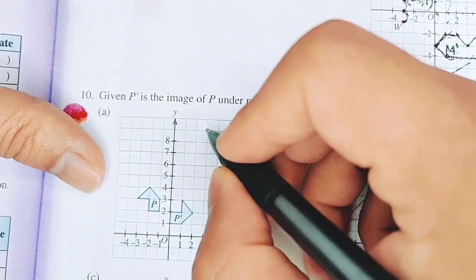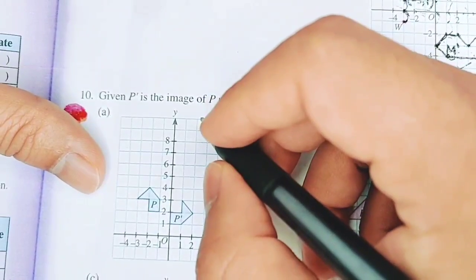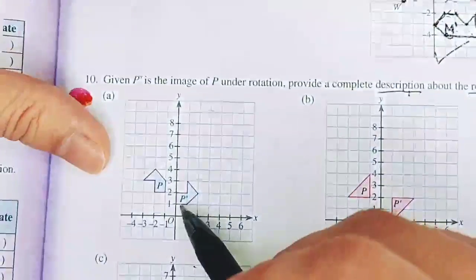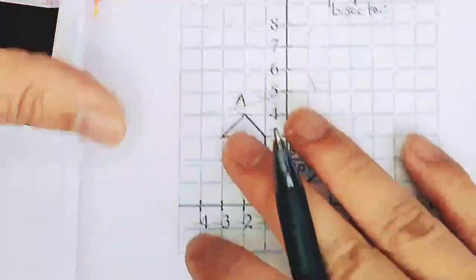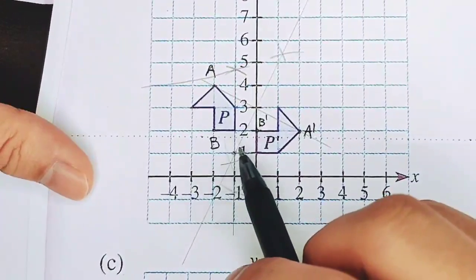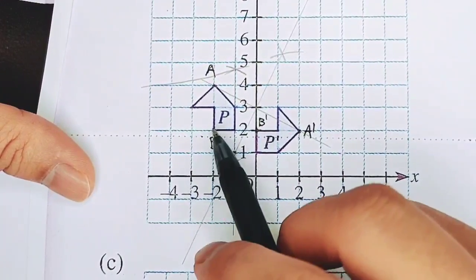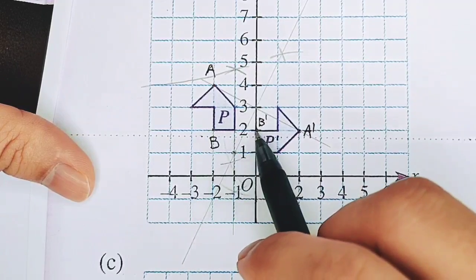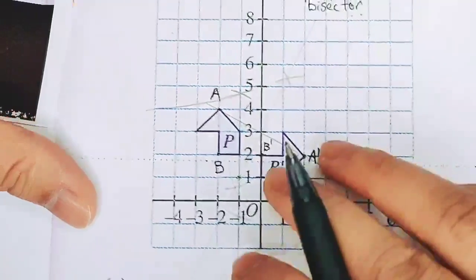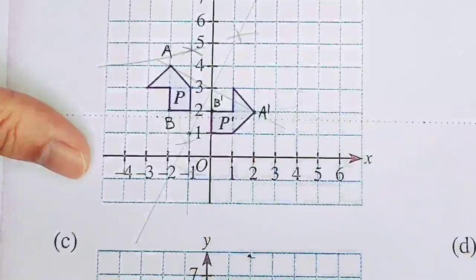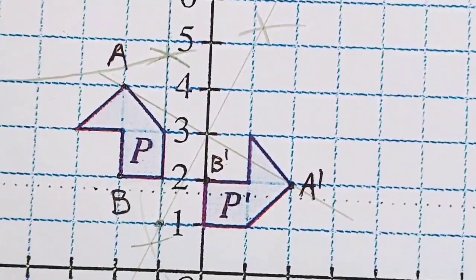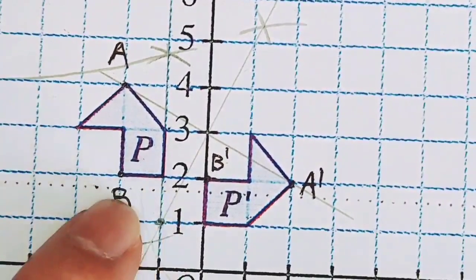We're going to say how much this object turned to become this image. How many degrees?